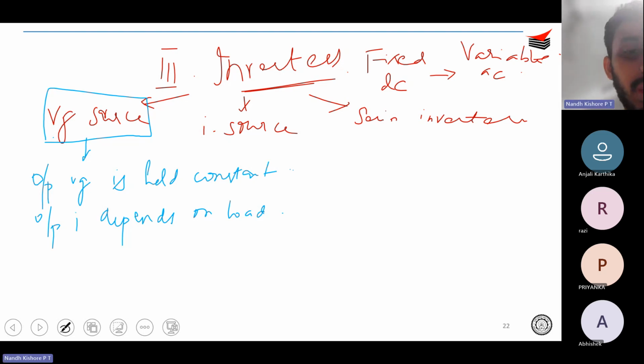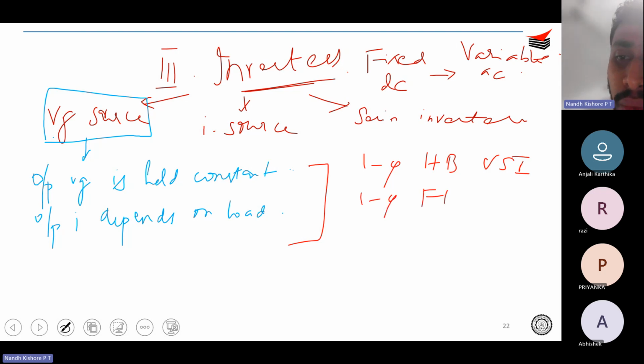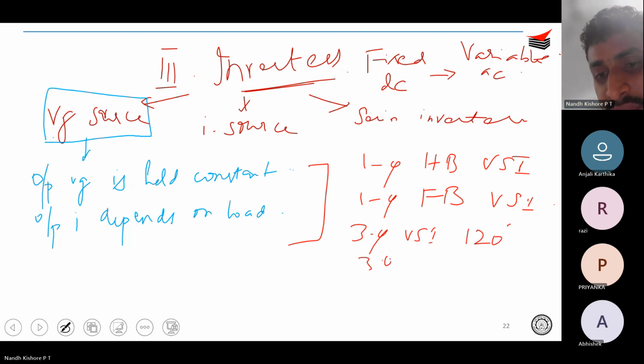In this, we saw problems from basically the single phase half bridge VSI, and then the single phase full bridge VSI, and the three phase VSI with 120-degree conduction, and the three phase VSI with 180-degree conduction.